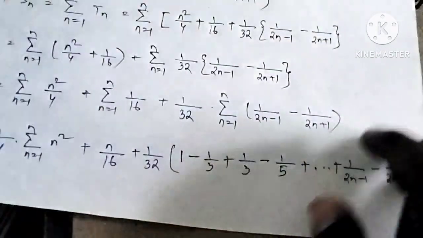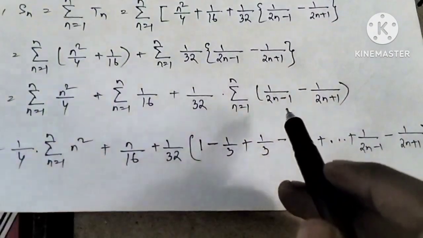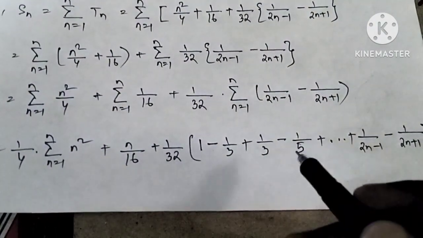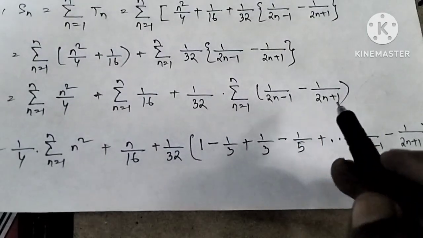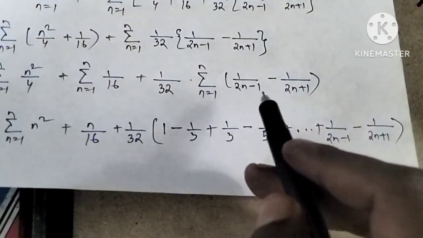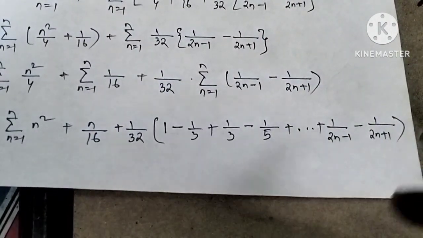Okay, see, if we put 1 in place of n, it will be 1 minus 1 by 3. If we put 2 in place of n, it will be 1 by 3 minus 1 by 5. In this way it will continue up to the nth term, up to this much, 1 by 2n minus 1 minus 1 by 2n plus 1.